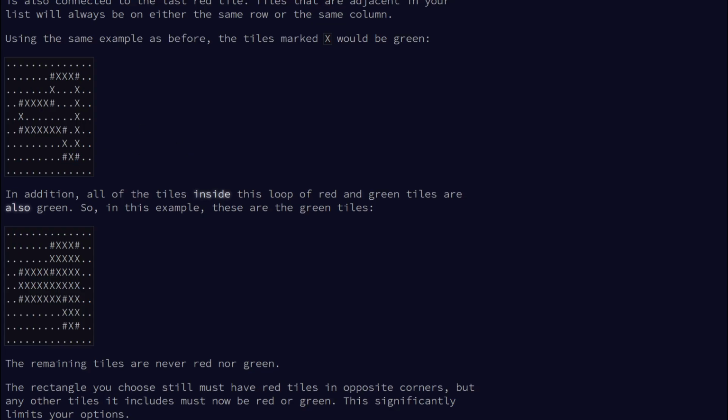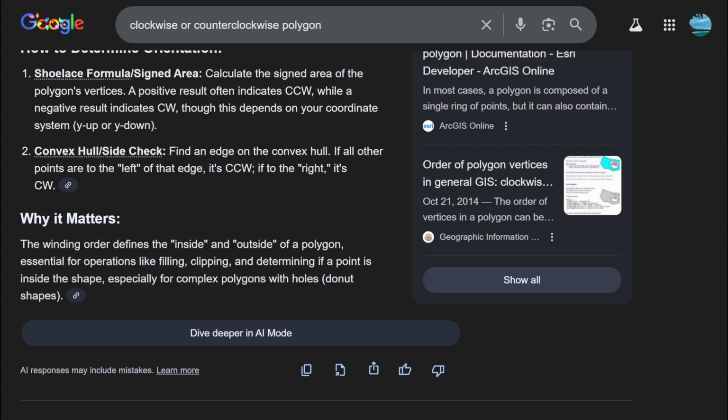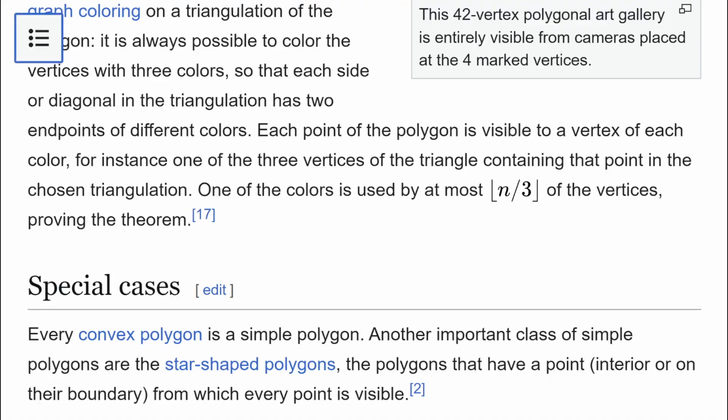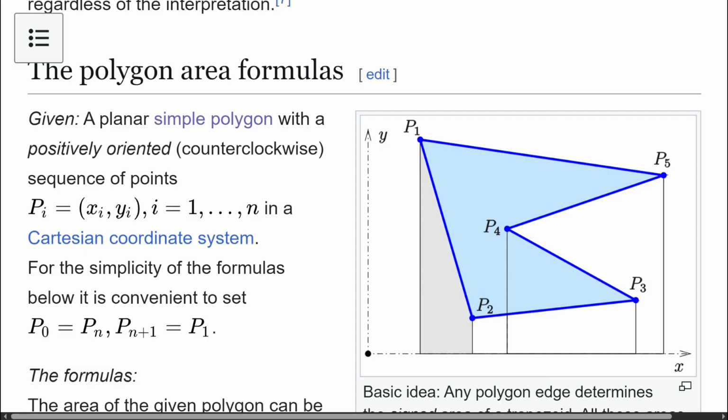Okay, I'm going to Google around for a sec. All right, about 3 seconds of Googling revealed that I already know the answer, because the signed area of the polygon tells me whether it's oriented clockwise or counterclockwise. Right? I computed that area. Yeah, polygon area formulas.